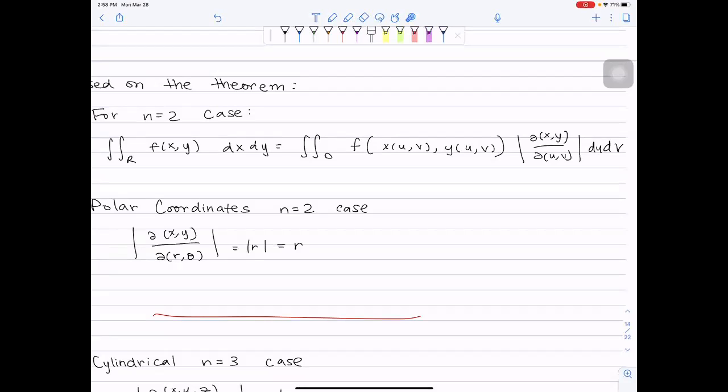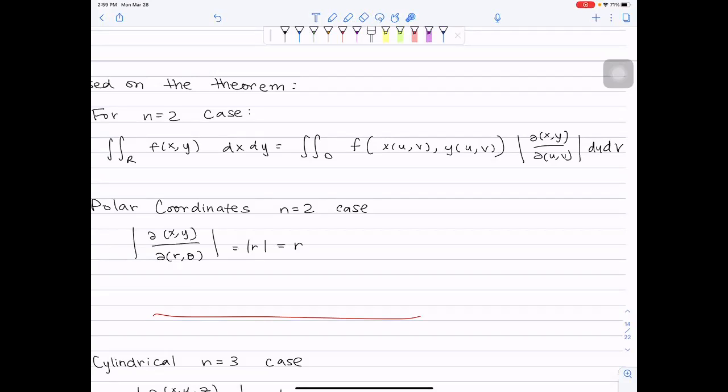So how did we use this theorem to get this result, which we always use when converting integrals? Right now our x1s and x2s are x and y, and our output is r and theta. So we have f of x, y, which becomes the integral of f of the output if we're going from x, y to r, theta.